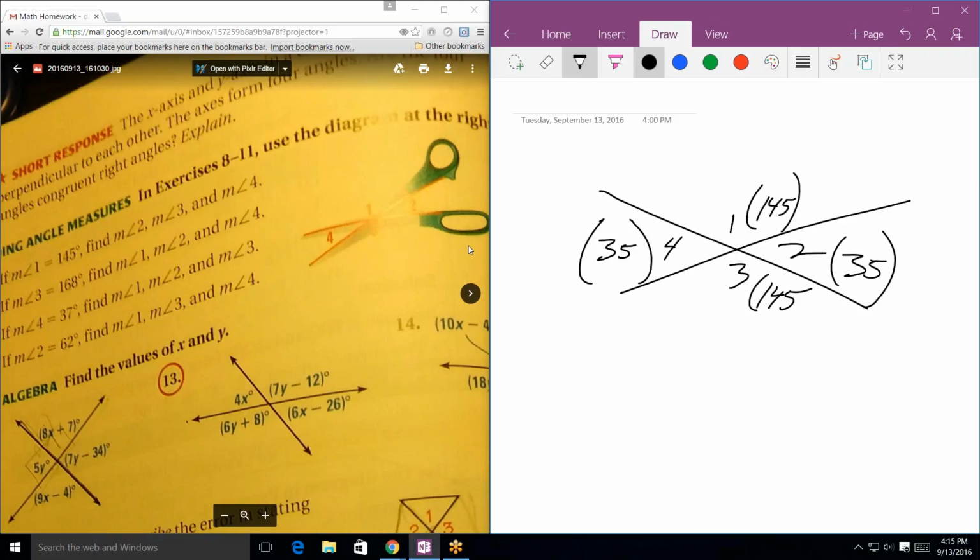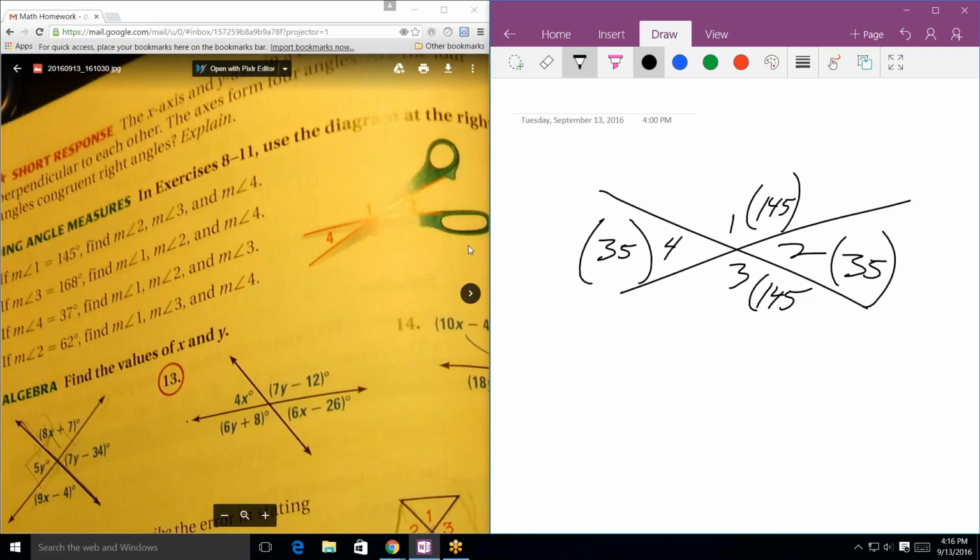The important thing to know is that you recognize a linear pair and that you know that they are supplementary. And that vertical angles, you recognize those and you know that they are equal. If you know that, that is sufficient, in my opinion.